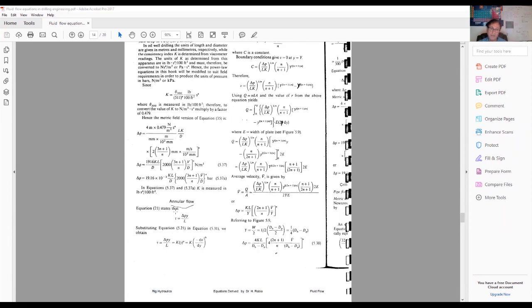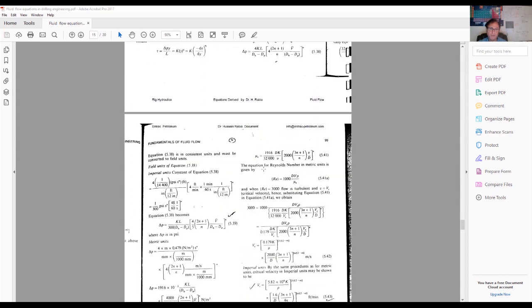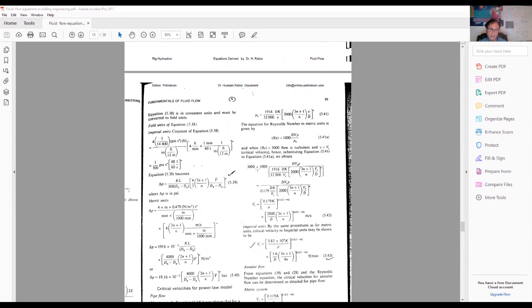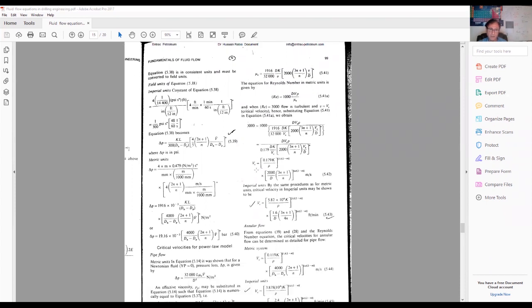And you do the same thing with annular flow. Again, you use the same principle, except now the diameter will be the difference between the hole size and the pipe OD, because that's where the laminar flow occurs. And you continue with the integration as before, and you end up with a fairly simple equation really to calculate the pressure drop.